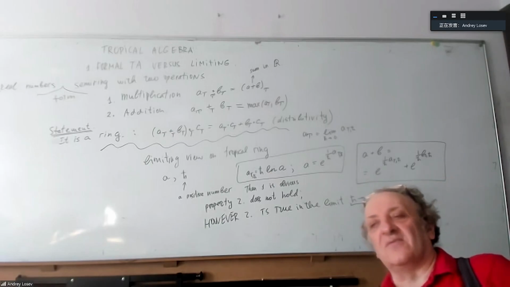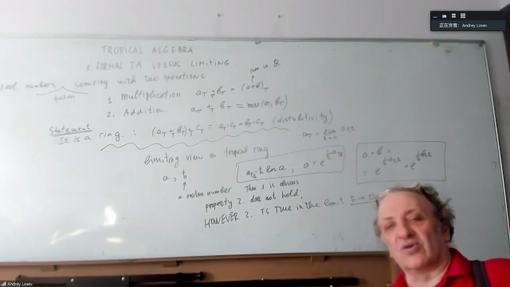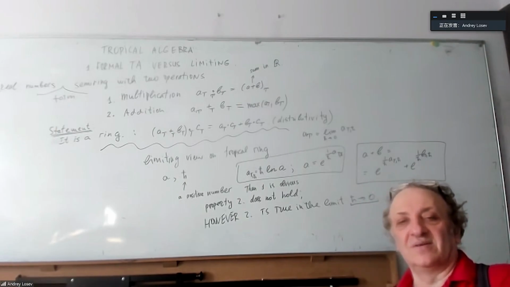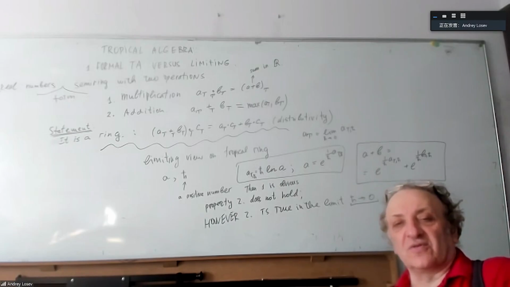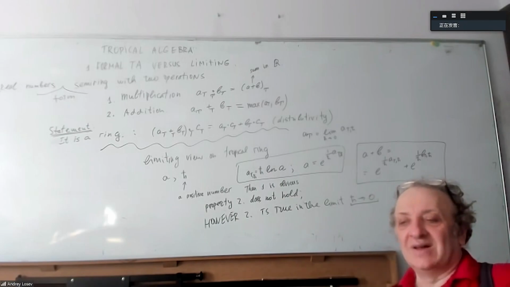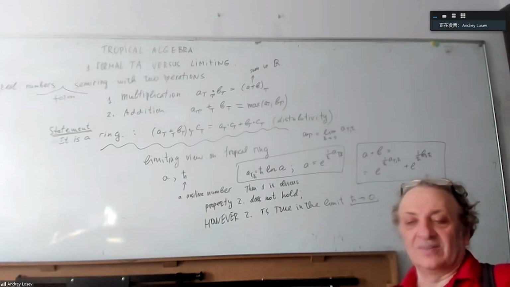So it would not take values in ordinary numbers, because elements of the tropical rings are not numbers, okay? They are elements of the ring. I hope it is clear.